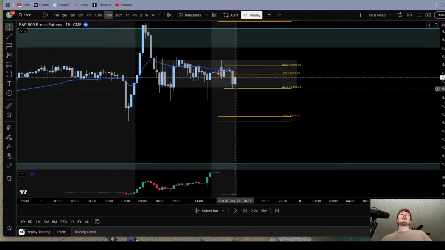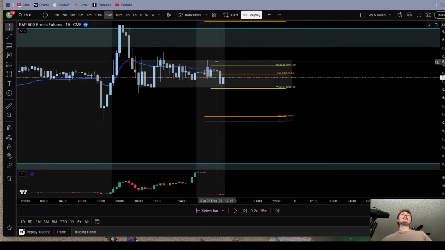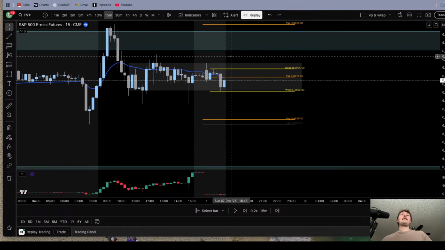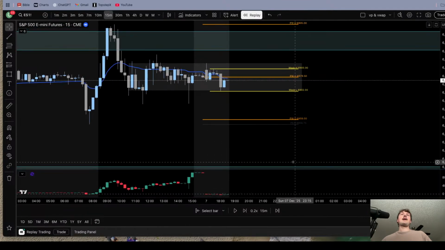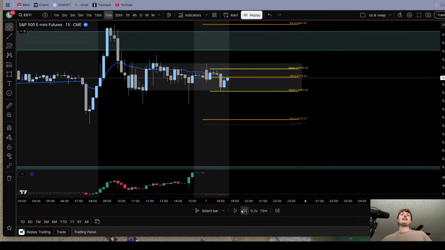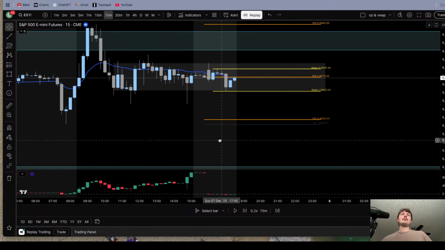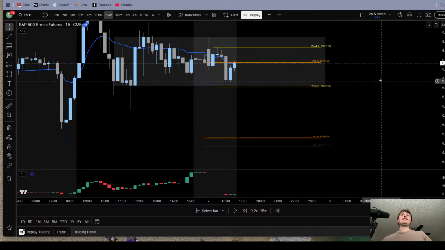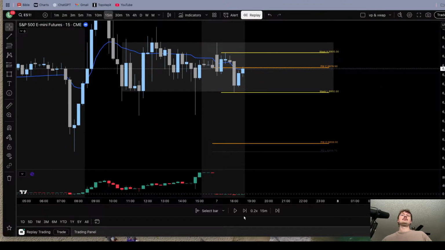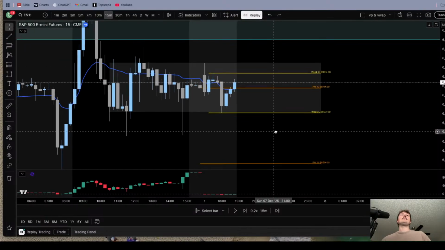Okay. We're retesting VWAP. That's interesting to note. Let's see how it reacts at VWAP. Okay, I think we broke it to the upside. It looks like. Okay, breaking to the upside.